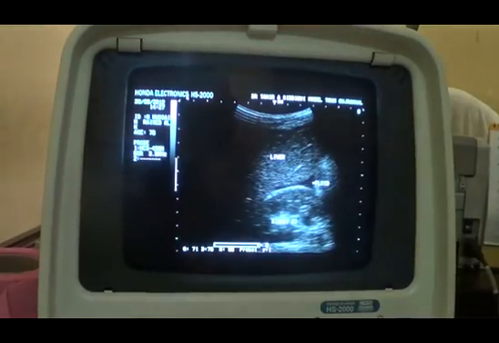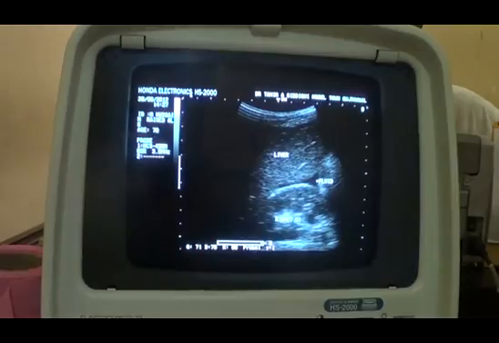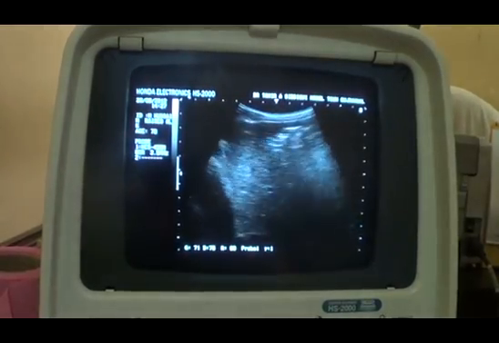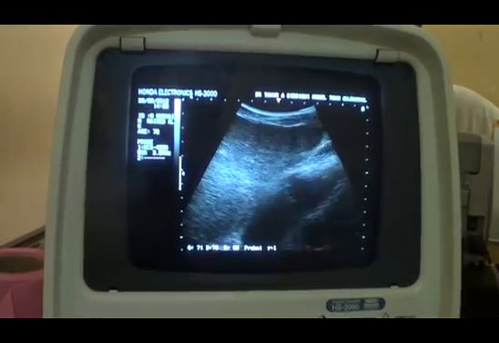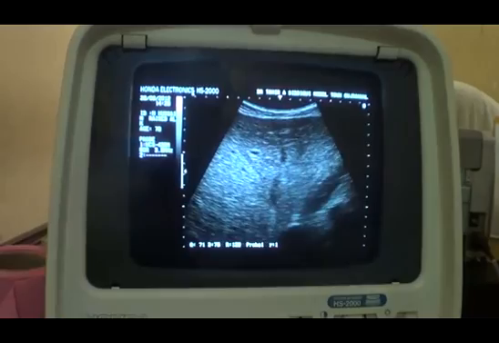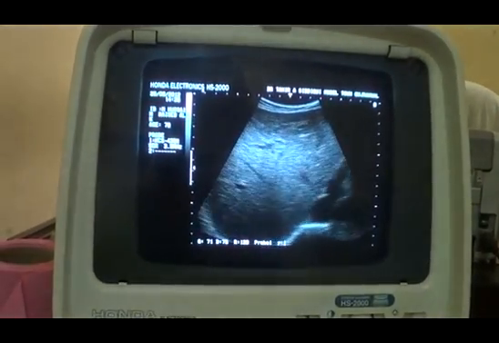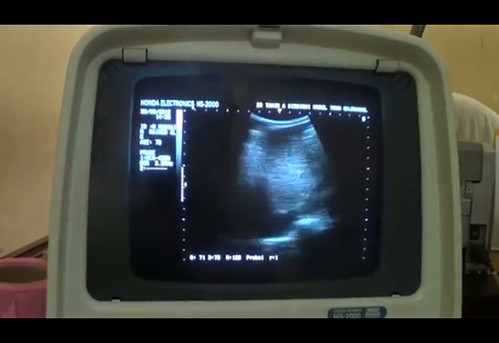I would like to see the status of the liver while the patient is lying in the supine posture. I want to see the hepatic veins as well. The IVC.